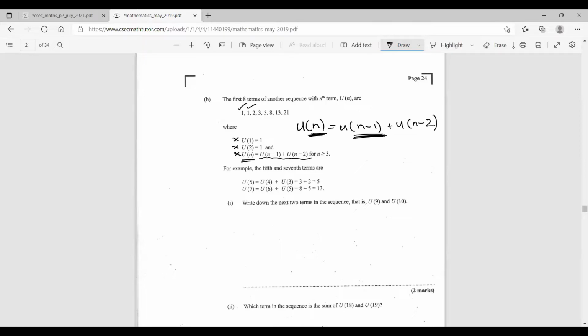The number before it. And what is n minus 2? That's the number minus 2. Correct, the number two numbers before it, right? So, yeah, all of these things we want to be able to understand.